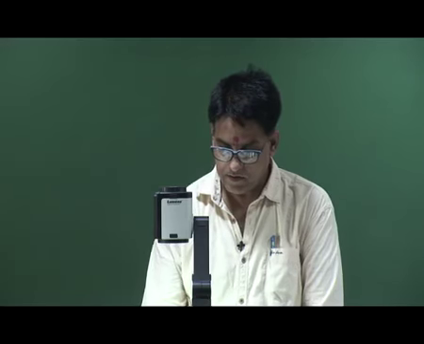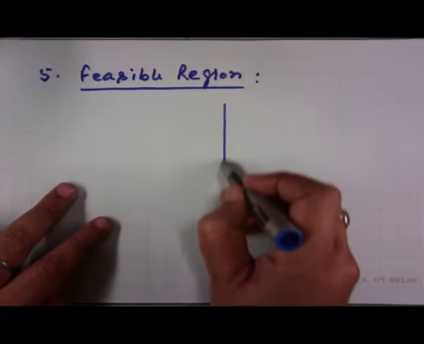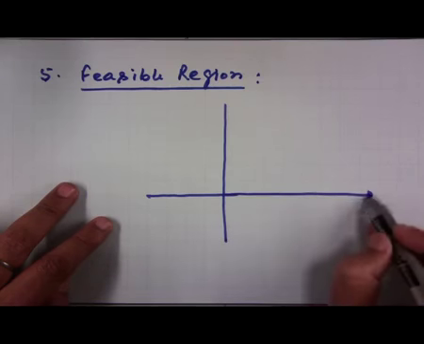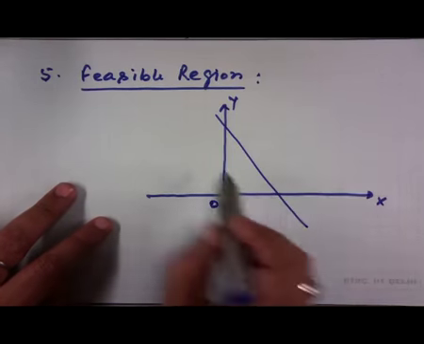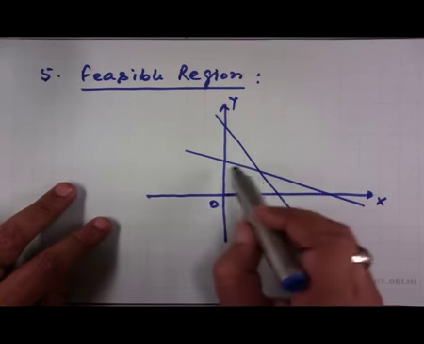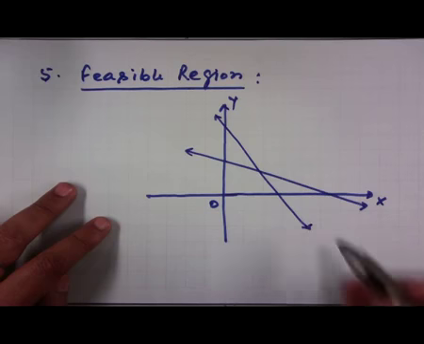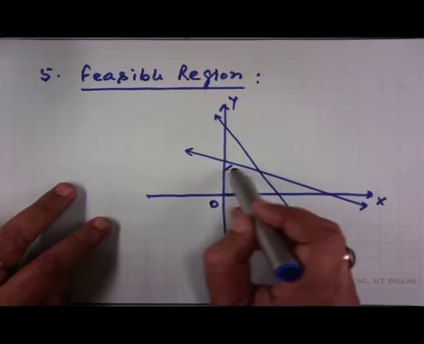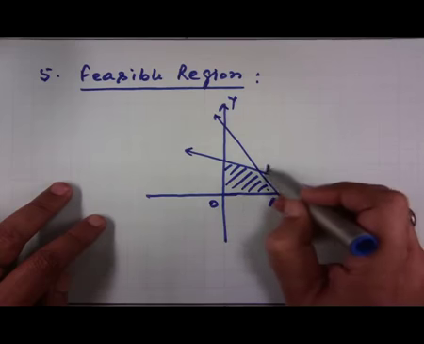Now, feasible region. Suppose when you draw a graph of constraints, for these two constraints the defined region or common region is, say, this shaded region OABC.